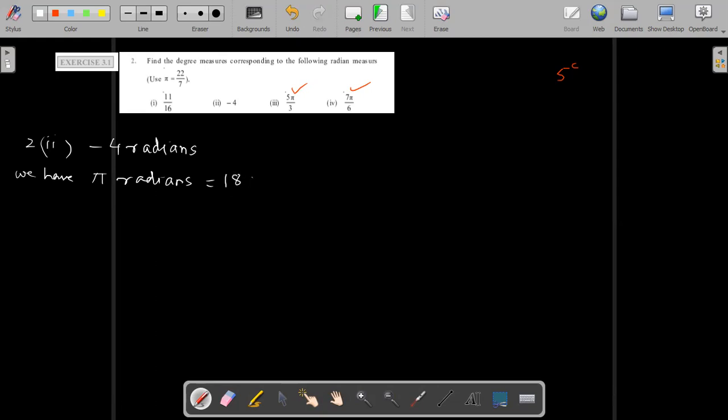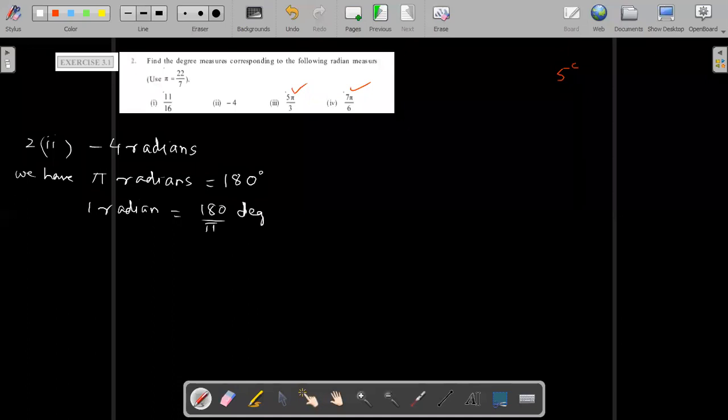So we write radians on the left side: pi radian is equal to 180 degree. Therefore 1 radian will be equal to 180 by pi degrees. Degrees we cannot write in pi, pi we have to remove. That's why the value of pi is given.